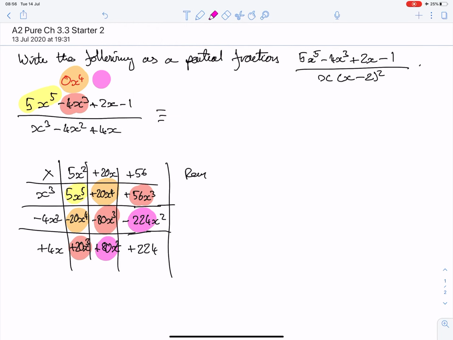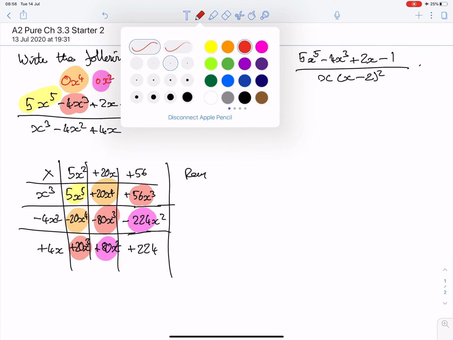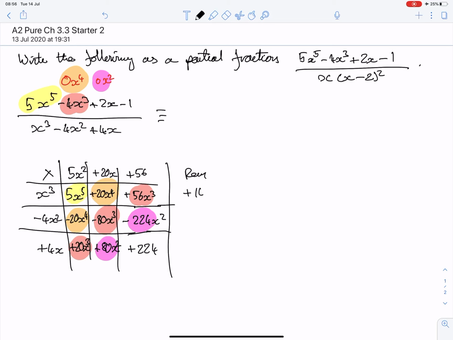And up here, again, we've got 0 x squared. So we've got minus 224 plus 80. So that looks like we need to add on another 144. So it's going to be plus 144x squared to get a total of 0x squared.